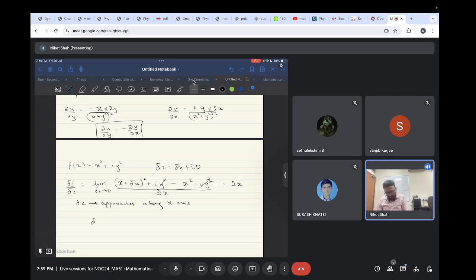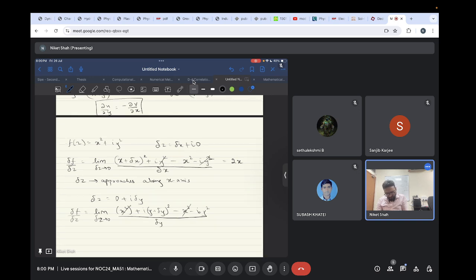So now my del z is going to be, say, 0 plus i del y. So in that case, del f by del z is equal to limit, again del z tends to 0, x square plus i y plus del y, the whole square, minus x square minus i y square divided by del y. So this goes away.